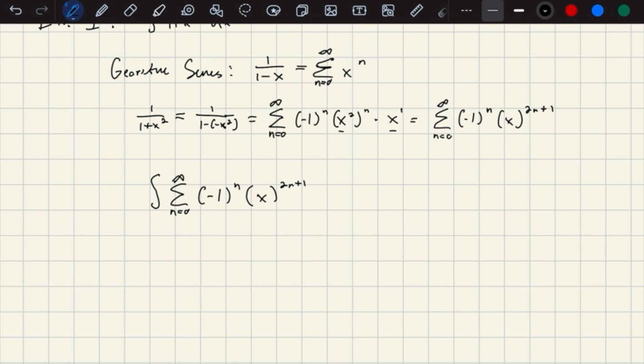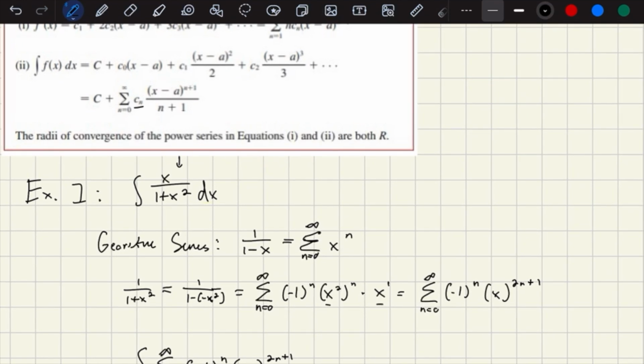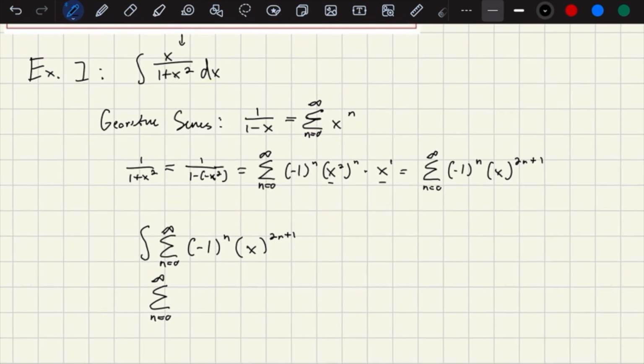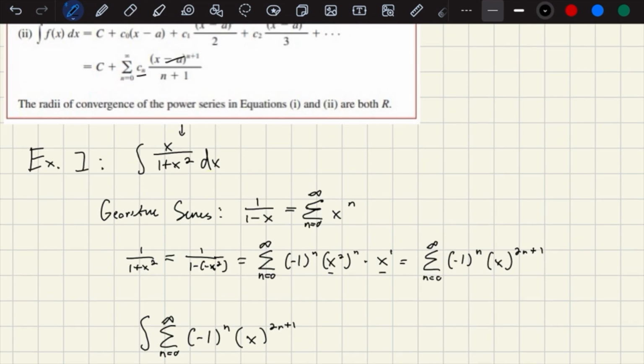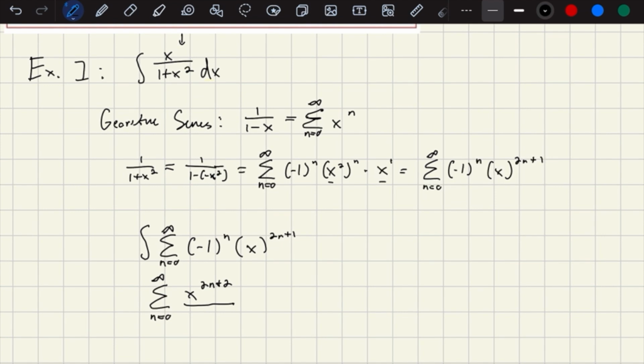you have the power series still, and remember that a is just 0, so it would cancel out, and then we have n plus 1, so we would have x to the 2n plus 2 over 2n plus 2, since the exponent here is 2n plus 1, so adding 1 gives 2n plus 2.